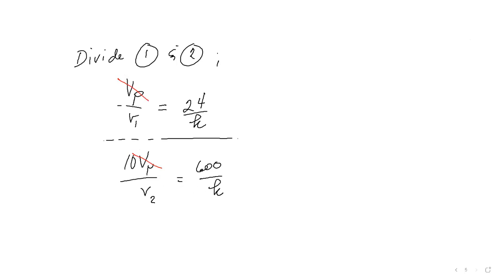So V2 over V1, this one goes up. This 10 I'd like to place here is equal to 10. By the way, you can also cancel the K's. So you will have 24 times 10, right? That will go there over 600.